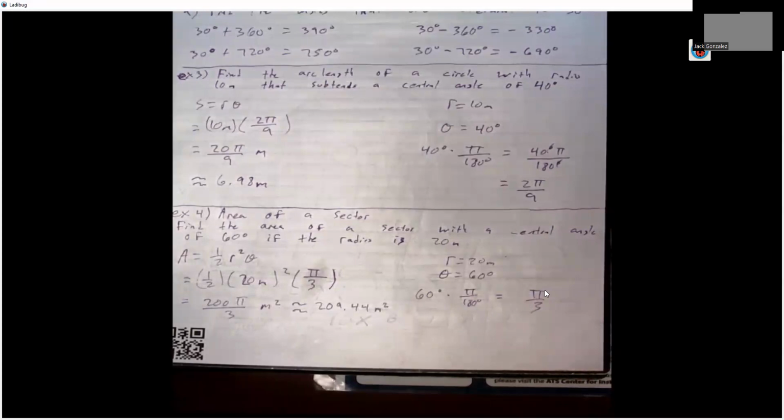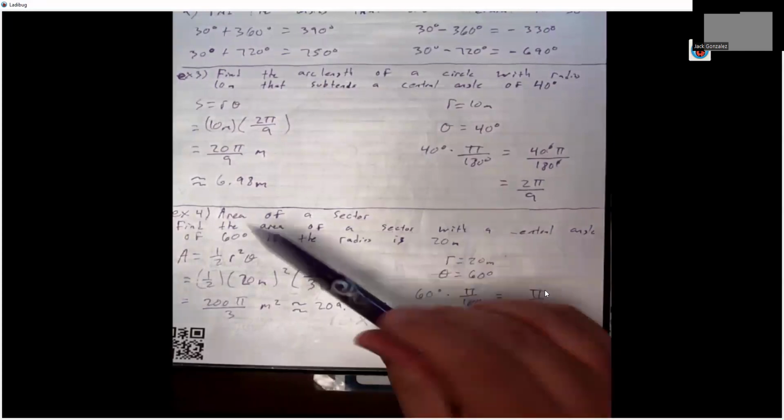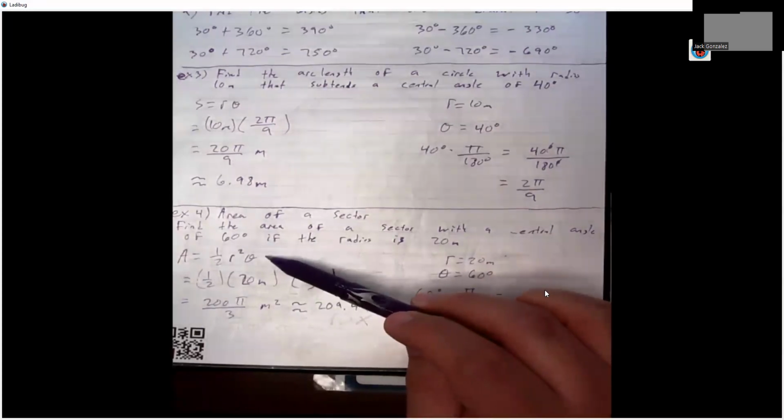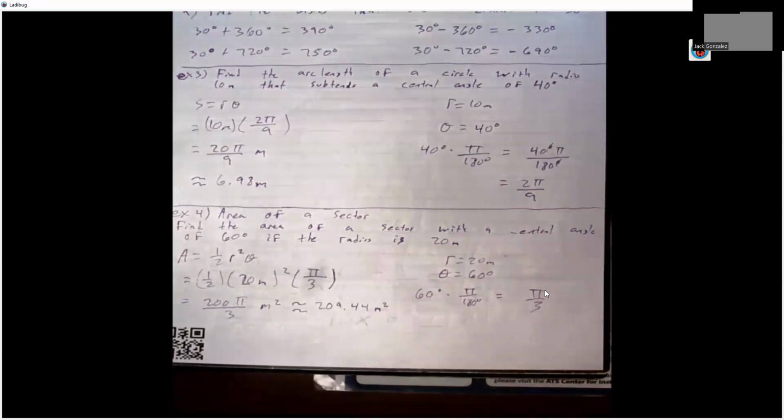All right. Notice how it's very similar to the area of a circle formula, right? It's pi r squared. So if my angle was 2 pi, which is a full circle, that 2 would cancel to half.